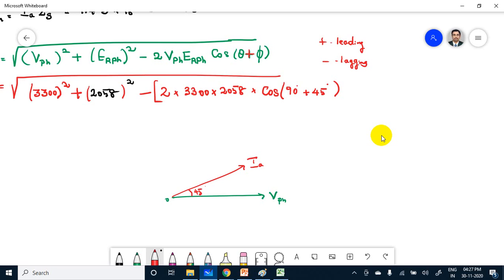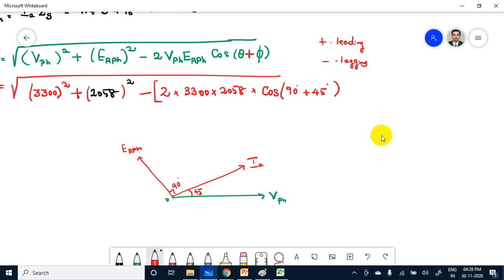Now in leading power factor, the resultant ER phase will look like this. This is my point. This is ER phase. The angle between ER phase and IA should be 90 degrees.